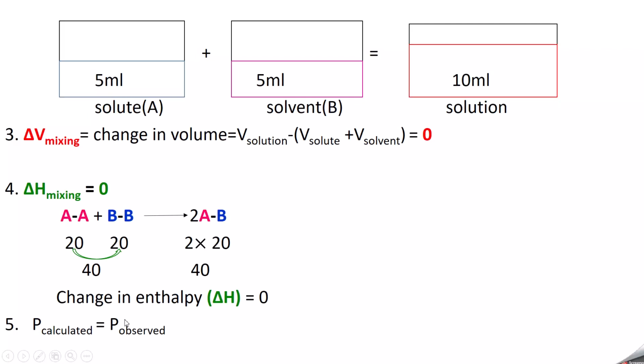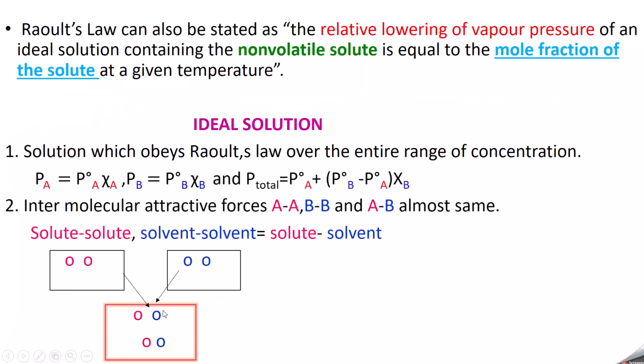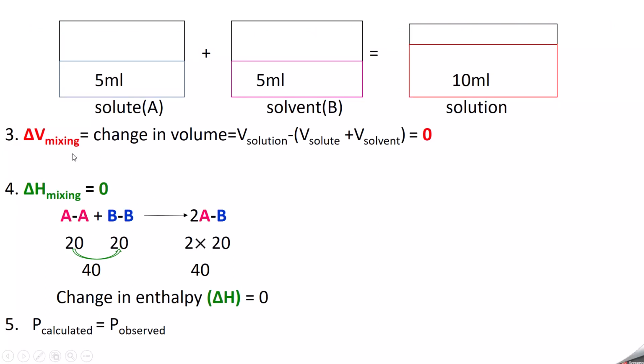Then it is considered an ideal solution. So to have an ideal solution, the solution should obey Raoult's law. The intermolecular attractive forces should be similar between solute and solute, solvent and solvent, and solute and solvent. Delta V, the change in volume on mixing, should be equal to 0. Enthalpy change on mixing should be equal to 0. Change in pressure should be equal to 0.